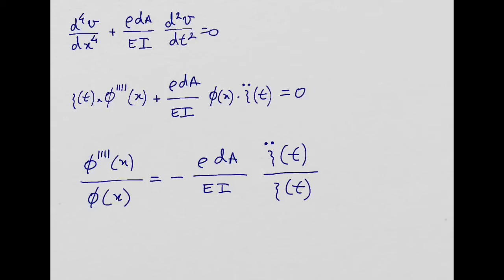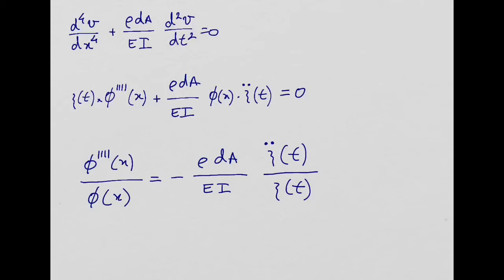Look at this. So the only thing I did, so basically I sent this guy to the right-hand side, and after doing that I sent phi x to the denominator here. That's what you have here. Anyway, this is quite trivial stuff.